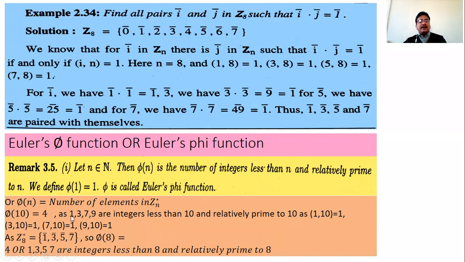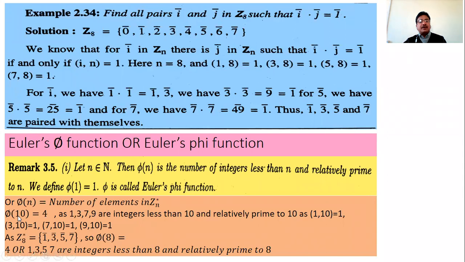And then 1 and 10 greatest common divisor is 1. Then 2 and 10 greatest common divisor is 2. 3 and 10 greatest common divisor is 1, so 3 is relatively prime to 10. Are 4 and 10 relatively prime?